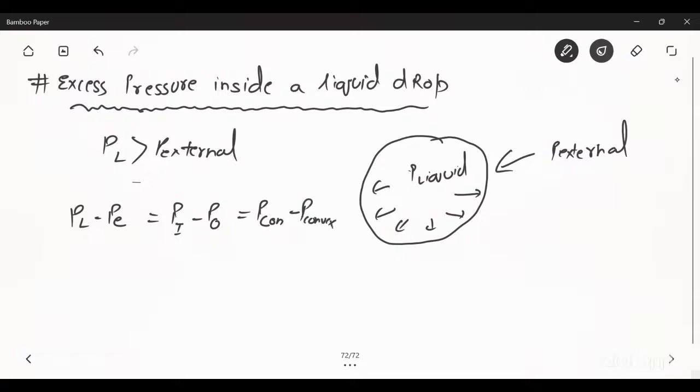So for a liquid drop, the change in pressure is equal to 2 times surface tension divided by r, where r is the radius of the spherical bubble.